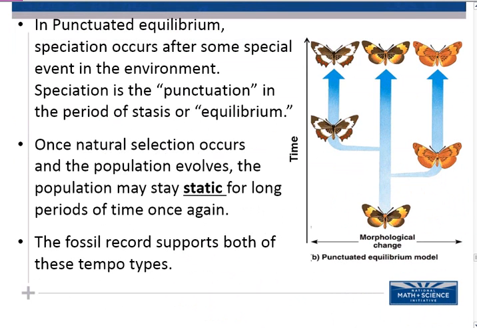Okay, so what are some things that could account for this? How do you suppose it might occur? Well, what's happening here is a result of the fact that something special has occurred in the environment that would speed up the process of natural selection. So here are some things that might occur.